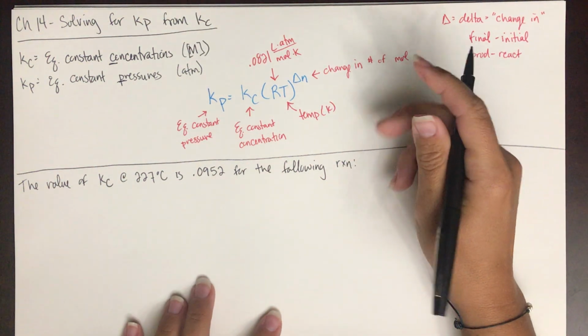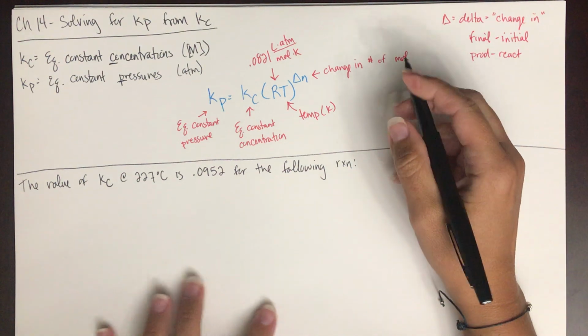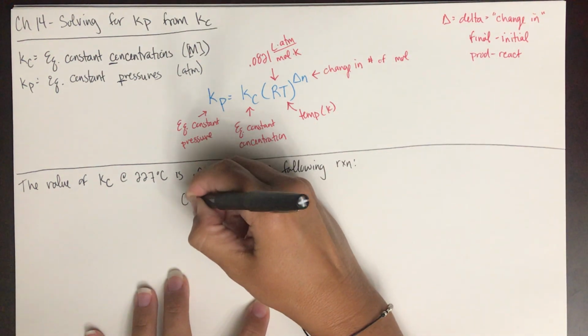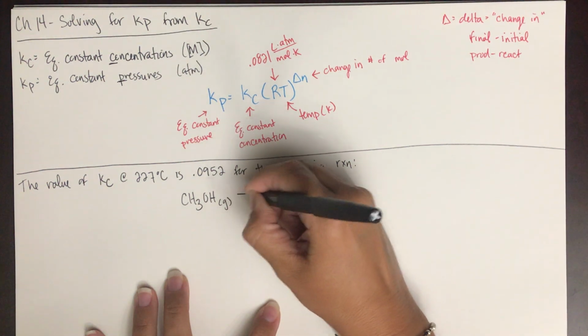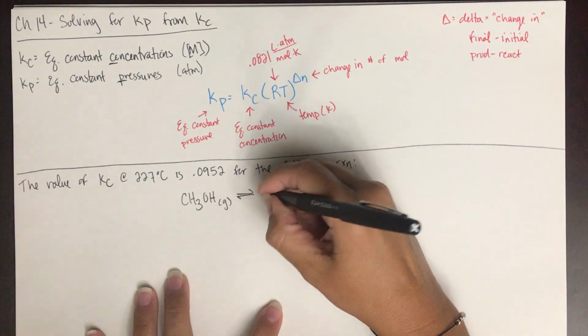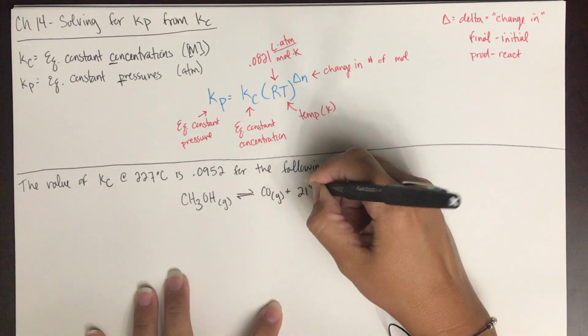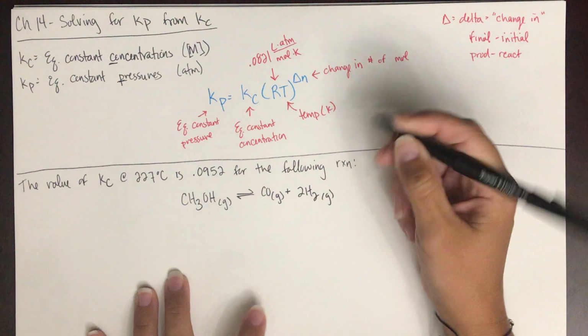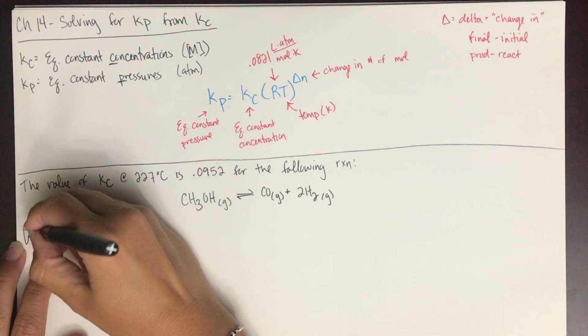And the reaction is methane being in equilibrium with carbon monoxide and hydrogen gas. And the question is, what is the Kp at this temperature?